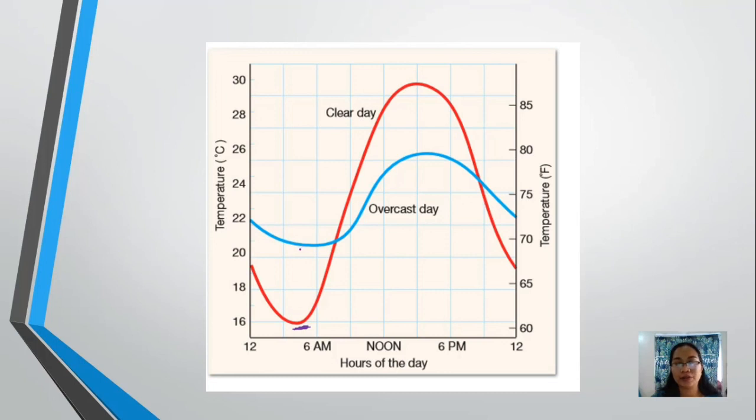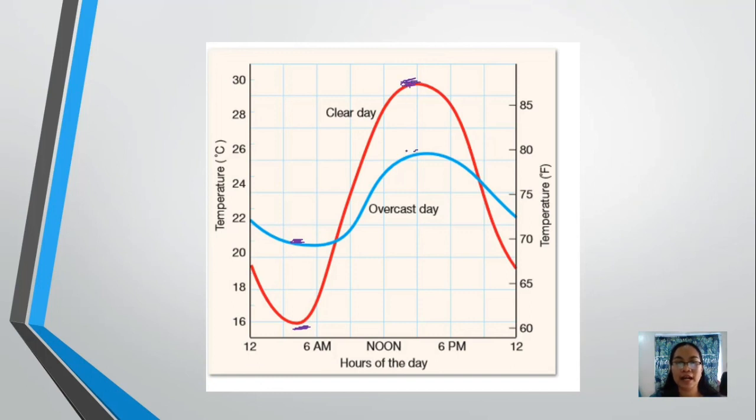Kapag overcast naman, so that means it's a rainy day or it's a cloudy day. Okay, you can expect here that the temperature is higher. And then when it's noon, you're also expecting during clear day that the temperature here at noontime is still higher.